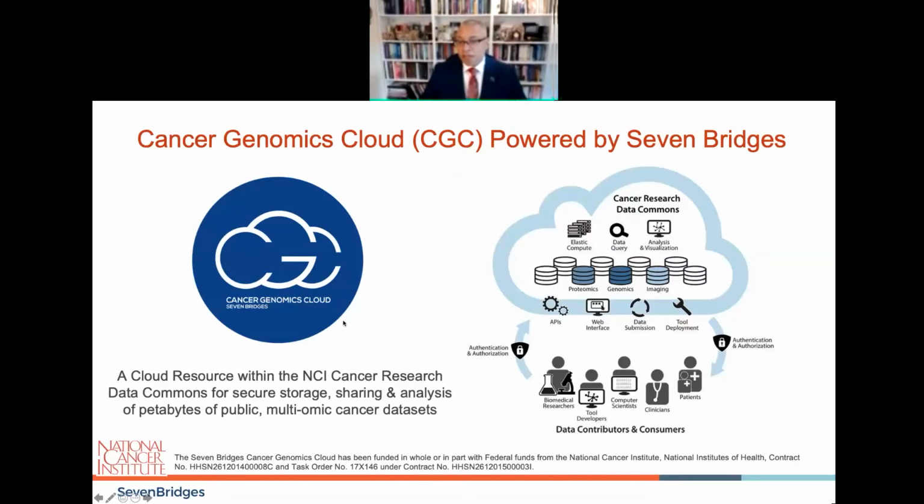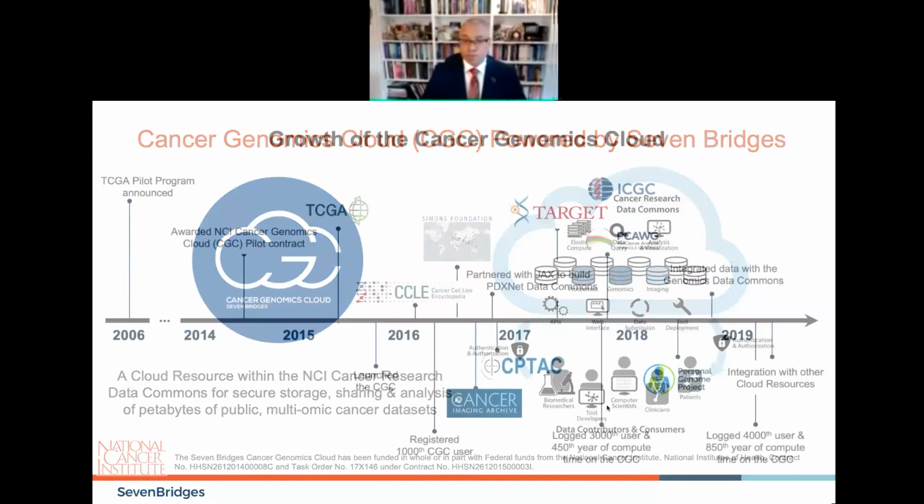The neat thing about the Cancer Genomics Cloud is that it has lots of data, 3 petabytes of data associated with it, and it's really built to collaborate in a distributed fashion on bioinformatics and analysis projects.